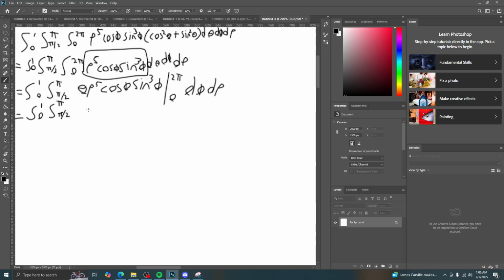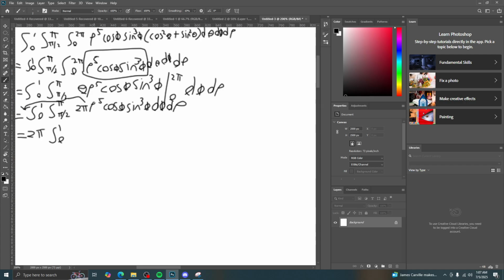So 2 pi times rho to the 5th times cosine of phi times sine cubed of phi d phi d rho. Okay. Now I'm moving 2 pi because it's just a constant number. I'm moving it to the front here. So that's going to be 2 pi.